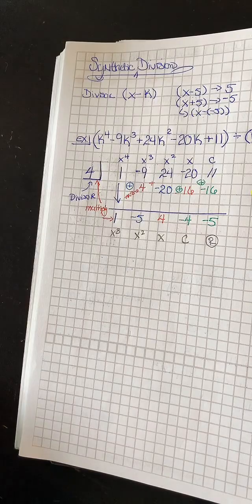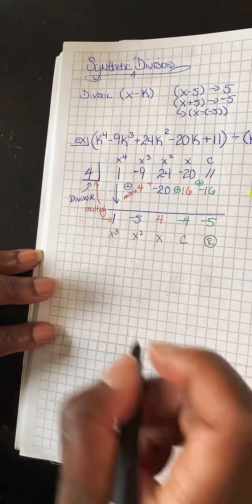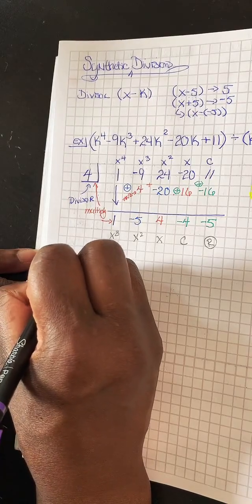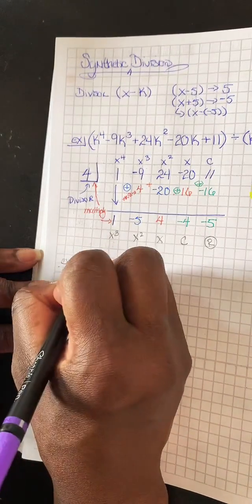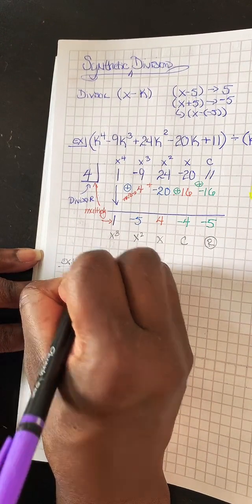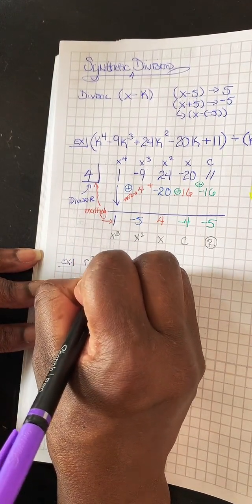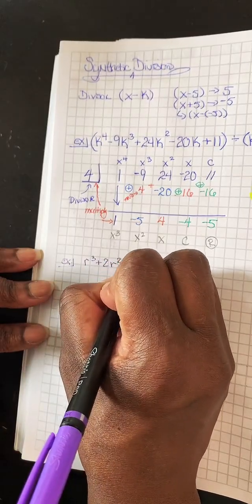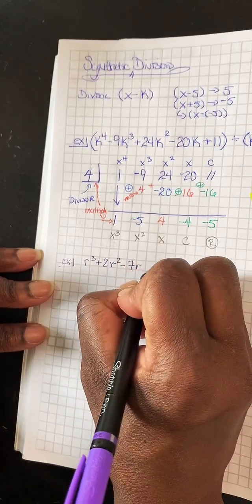So let me rewrite it for you real quick. So we have r cubed plus 2r squared minus 7r minus 12.